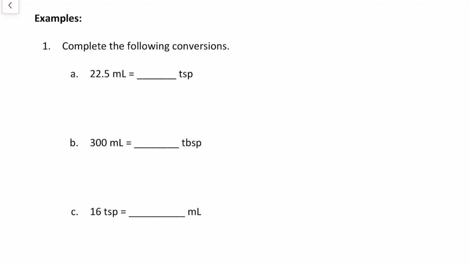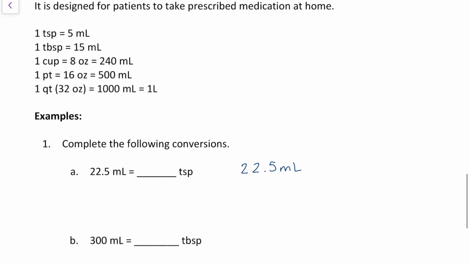So 22.5 milliliters into teaspoons. We're going to start with what we're given. We find the conversion rate that is going to help us, in this case, the teaspoon to milliliters. So in this case, I'm going to put the 5 milliliters on the bottom. So I end up dividing by 5. So I'm going to do 22.5 divided by 5, and I get 4.5 teaspoons.